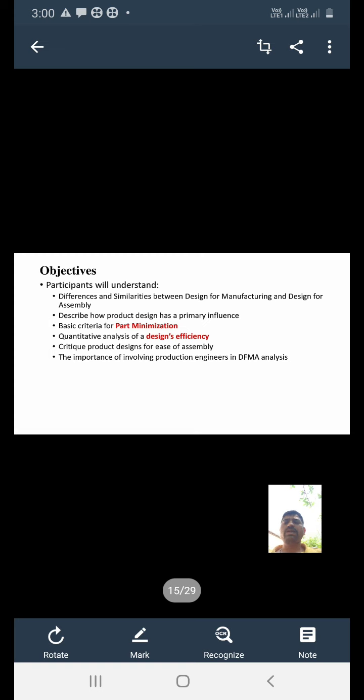They will know the basic criteria for part minimization, that is, how to reduce the parts.